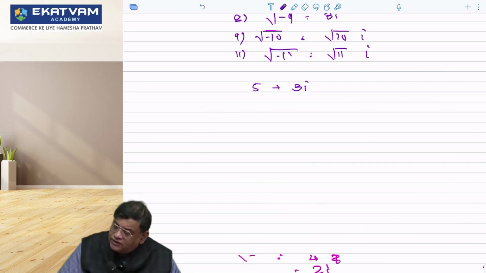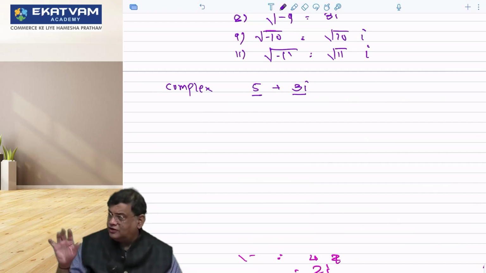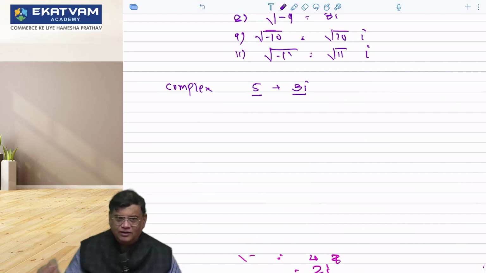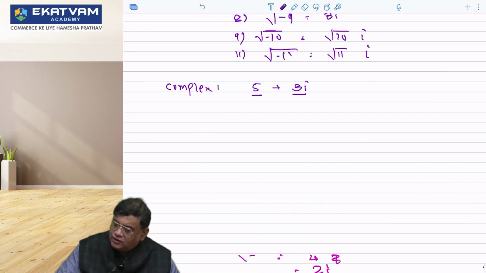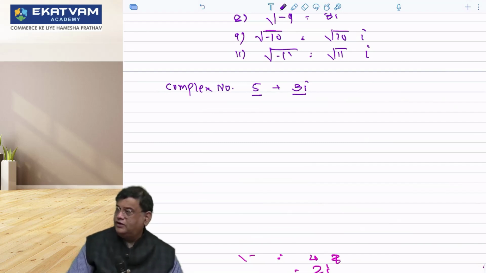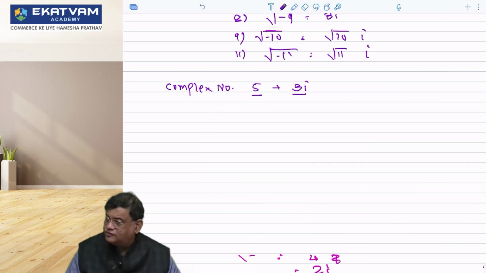Then one real number plus one imaginary number gives you what is called a complex number. What does complex mean? Complex means tangled. So what is a complex number? Don't write yet. It is a real number plus an imaginary number.